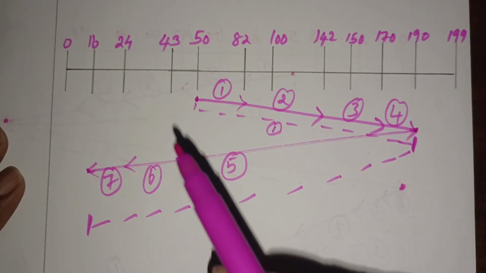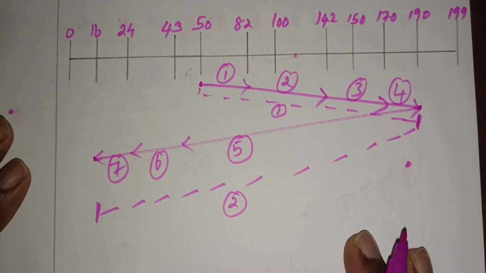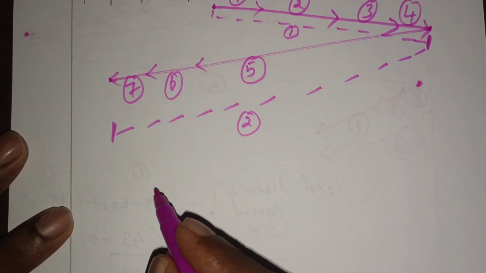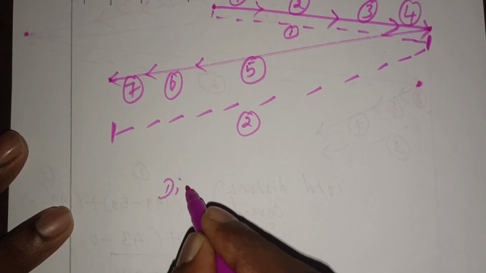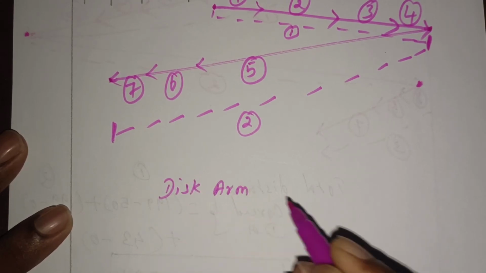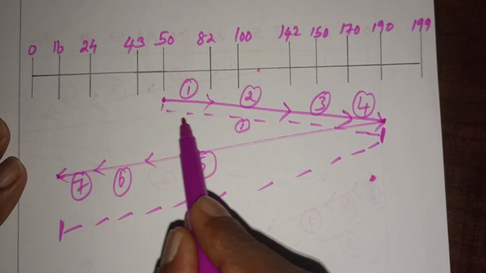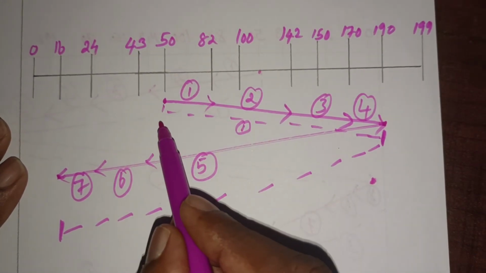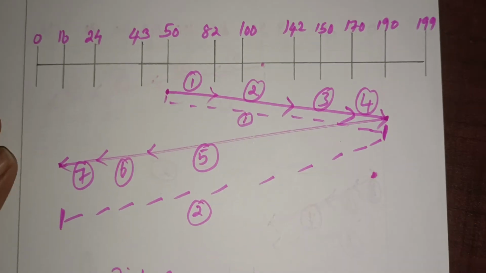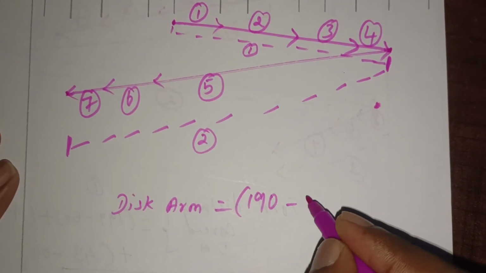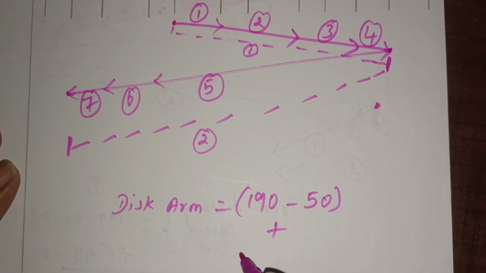Based on this only, we can calculate the total distance covered by the disk arm. So let's check how this total has been calculated. Here it is, the disk arm position, which is equal to the first sequence. You can check it here; I have clearly mentioned it in the dotted lines. The first sequence is 50 to 190, so the highest number, that is 190 minus 50, plus.